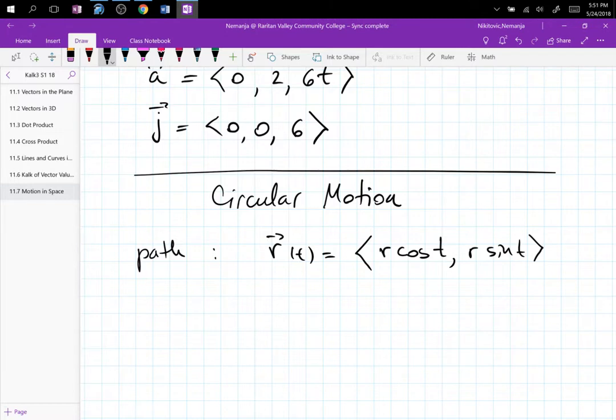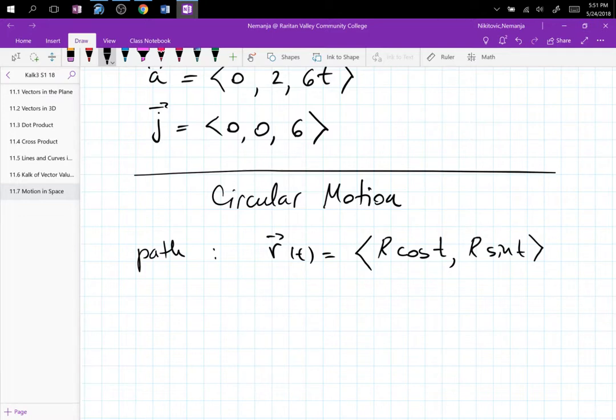Now, if you are using proper notation, you will see that the lowercase r with the arrow is a vector valued function, which is representing the path, and the lowercase r without arrow is a radius. Now I am going to swap this out for capital R's, so there is no confusion there. We still know it's a radius of the circle.